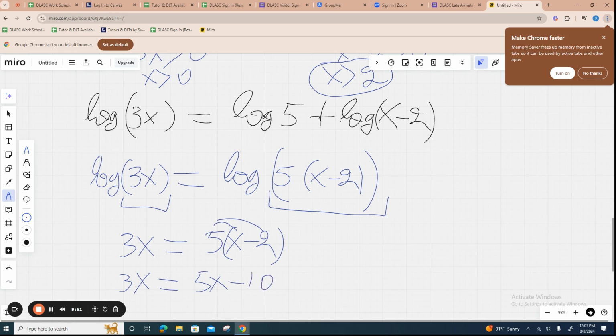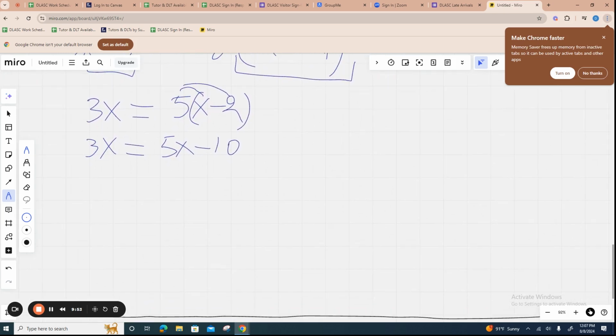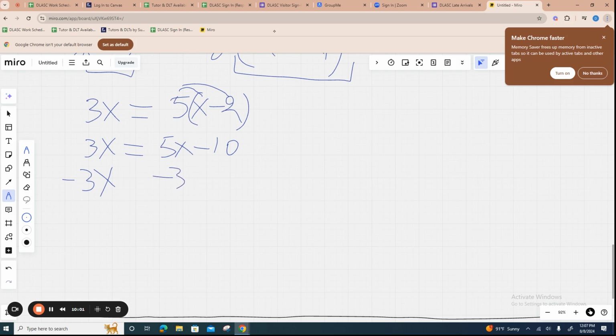So now I have this equation. It's a linear equation. You've been doing this since the beginning of the semester. I'm going to do it step by little step. I want to get all my x's on the same side. I'm keeping 5 because it's bigger. This is 0. So 0 is equal to 2x minus 10, right?